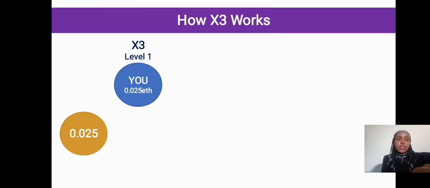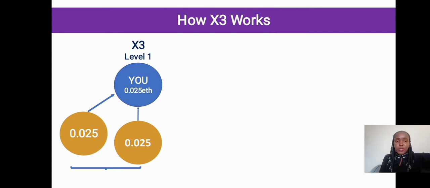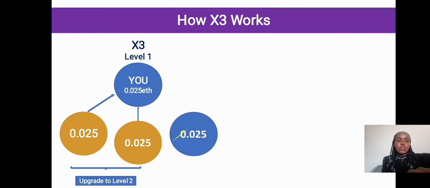How does the Forsage X3 work? In the Forsage X3, for you to activate the first slot, you need 0.025 Ethereum. And as I said, the Forsage X3 is the agent program where we earn from direct sales. The direct sales, I like to call them the referrals. After you activate your slots, under you there are 3 mini slots.